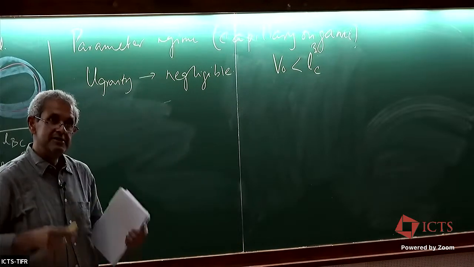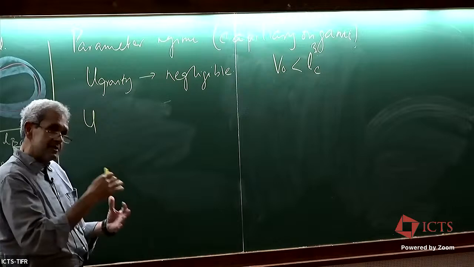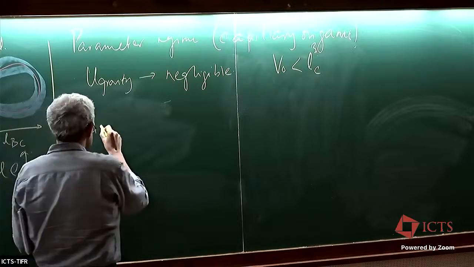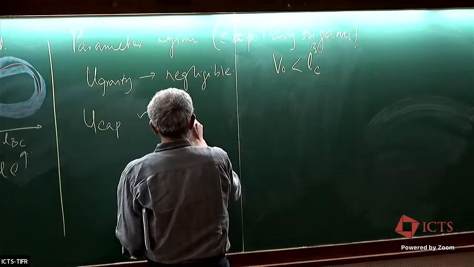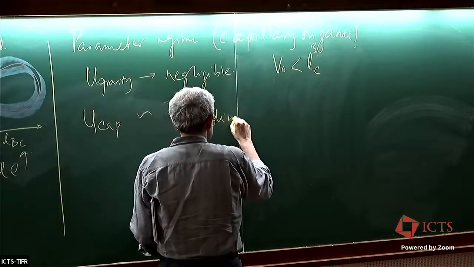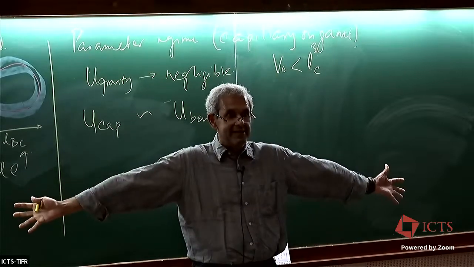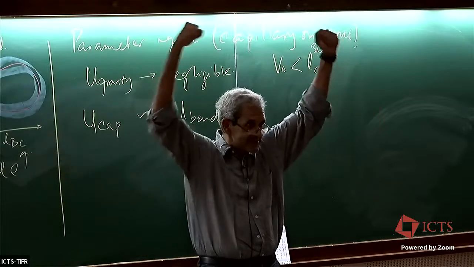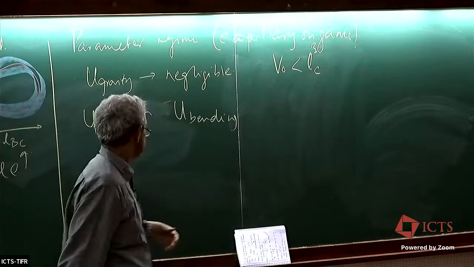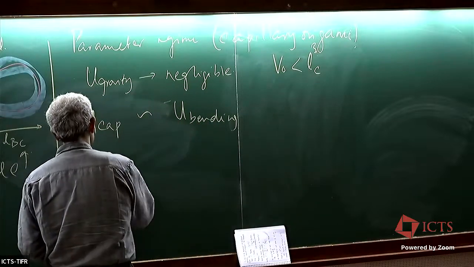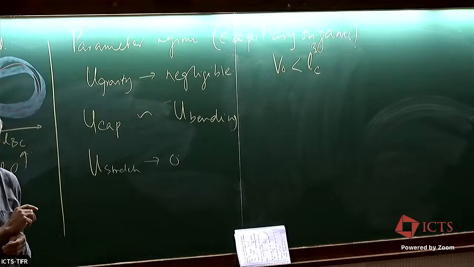Then you design the experiment so that the regime in which this experiment works is that U_capillary is on the same order as U_bending. So what's going on is this thing is trying to grab the edges of the film, wet the edges of the film, and it becomes smaller. It's trying to do this. Okay, so the capillary force is what's driving the bending completely. So these two are comparable, and then U_stretch is again 0. Okay? Stretching almost doesn't happen.